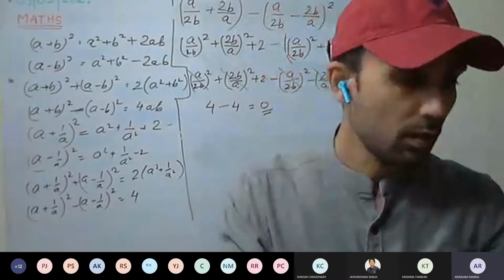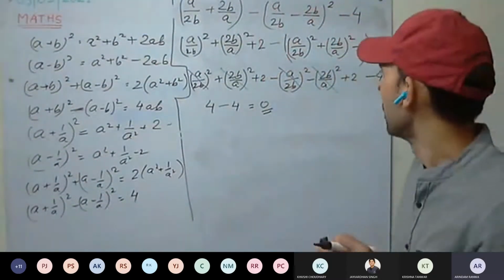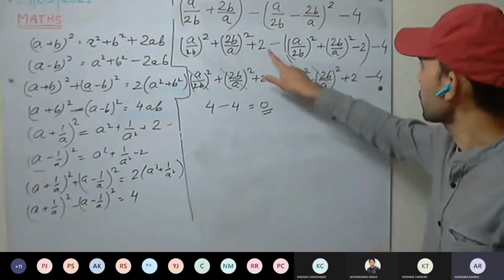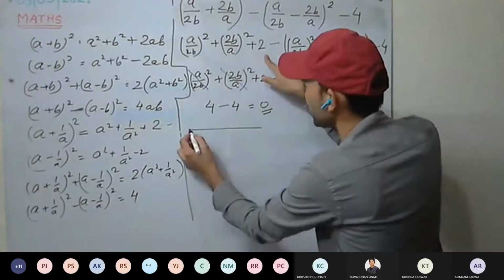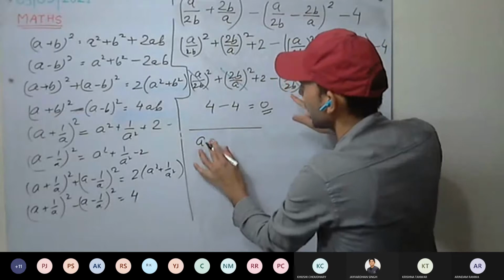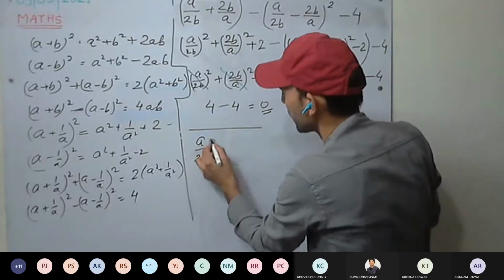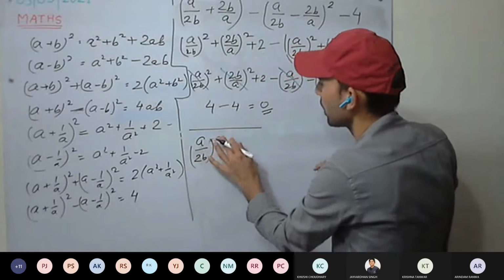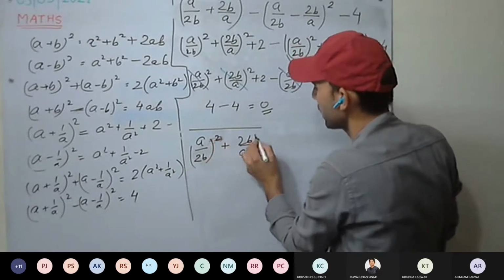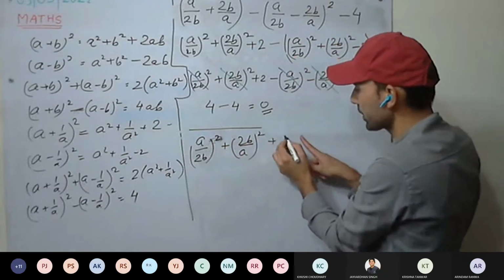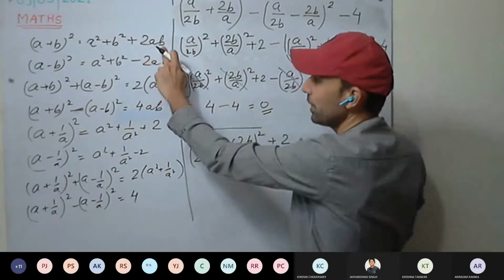Sir, can you tell how the plus 2 and minus 2 came first? Plus 2 and minus 2, okay? When we are expanding them, I'm expanding here. First one, a upon 2b whole square plus 2b upon a whole square plus 2ab is there.